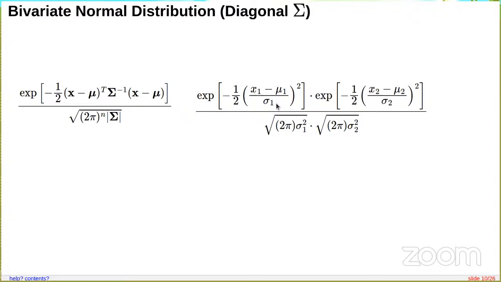Right. So this works only in the special case where the covariance matrix is diagonal. We are sticking to this diagonal covariance matrix case. When does this special case happen, where it is a diagonal covariance matrix?